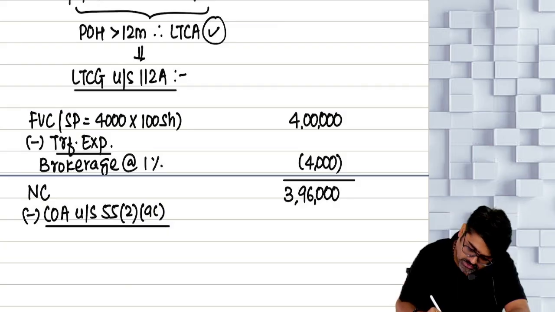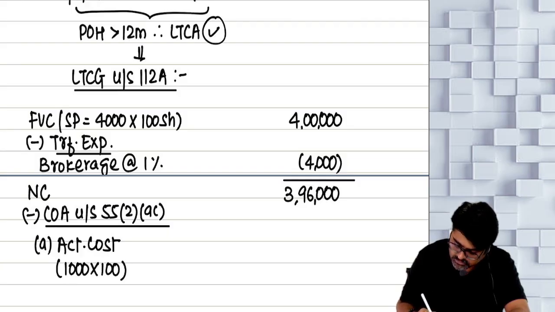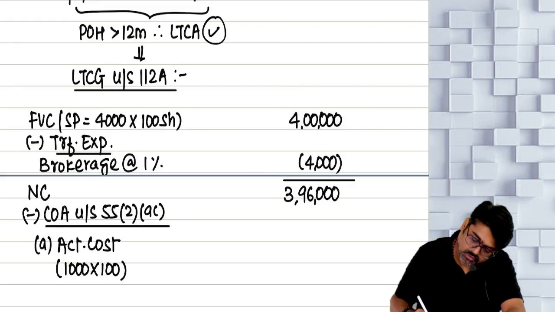How much cost? A, which is actual cost. Tell me how much is the actual cost? 1000 rupees per share into 100 shares. And at that time of purchase, did you pay any brokerage? No brokerage.